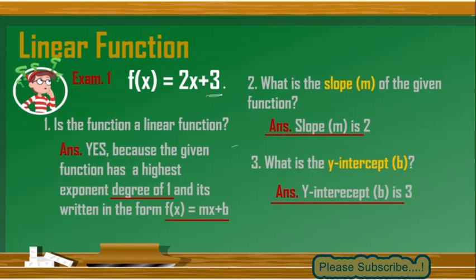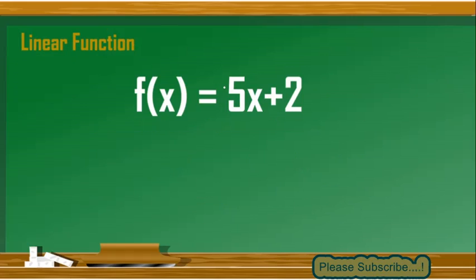Our y-intercept is 3. So when you encounter a linear expression or linear function, always consider that the numerical coefficient is the slope and the last term is our y-intercept.